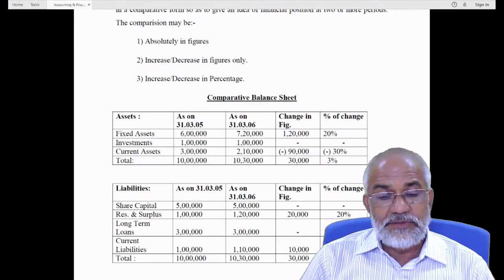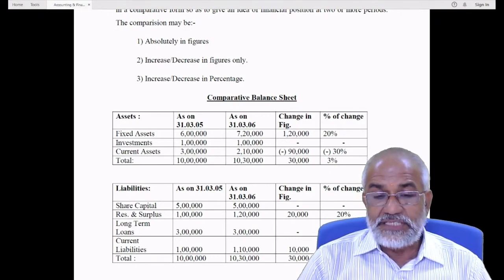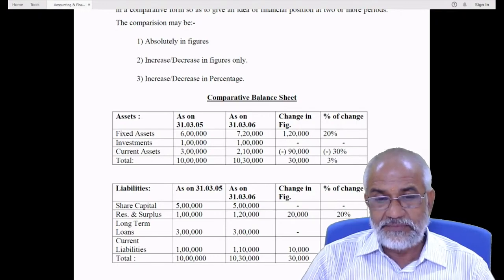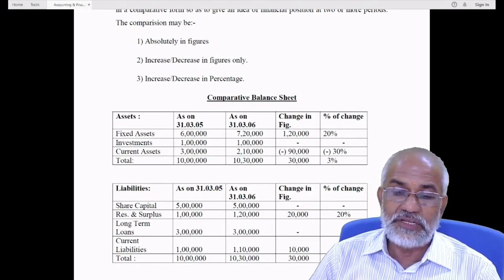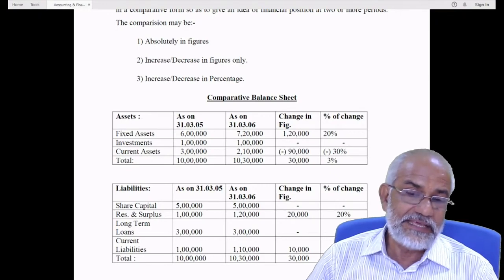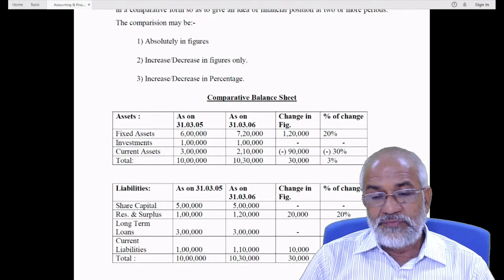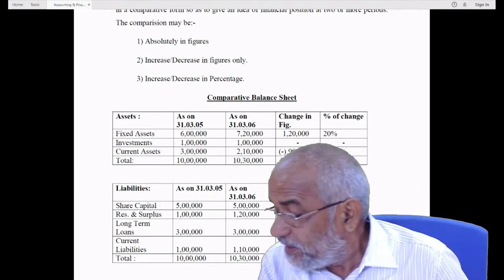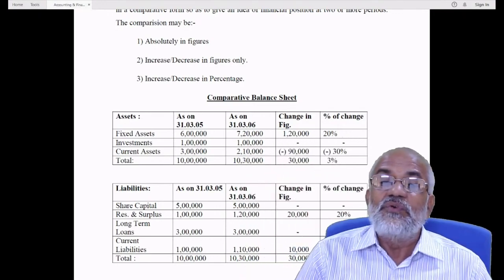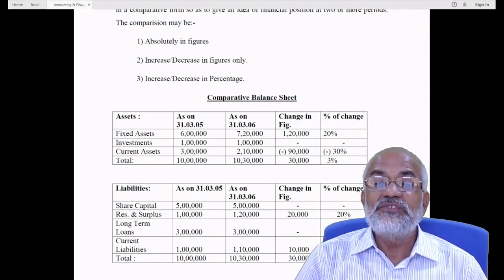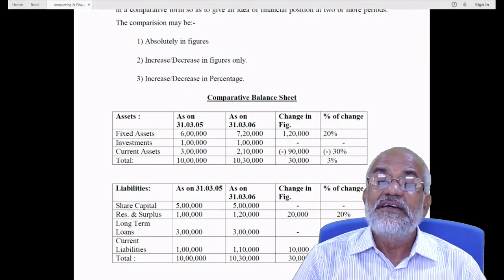Then the next item in the liability side of the balance sheet is reserves and surplus. Reserve and surplus is 1 lakh at the end of the first year, and it is 1,20,000 at the end of the second year. So when we put the figures as change in figure, it is about 20,000 increase. So positive 20,000 is mentioned in the change in figure.